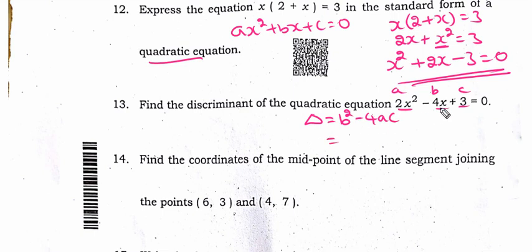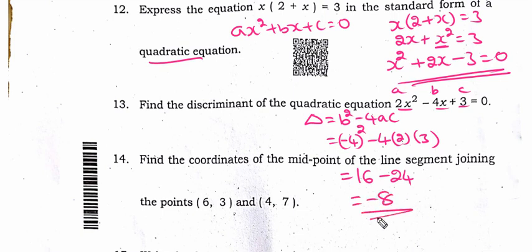We substitute the values. b is minus 4, so minus 4 whole square, minus 4 into a, the value of a is 2, and the value of c is 3. Minus 4 whole square is 16, 4 2s are 8, 8 3s are 24, minus 24. So delta, that is the discriminant, is equal to minus 8. This is called the discriminant.